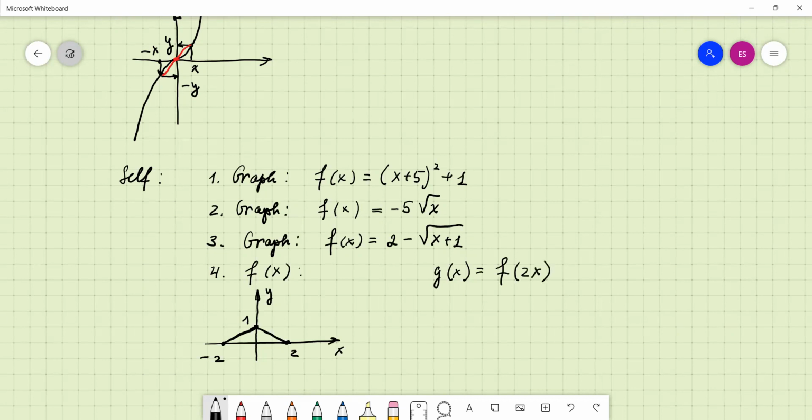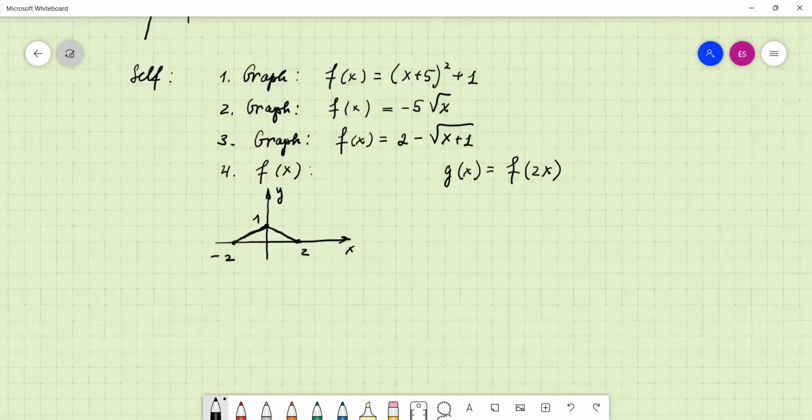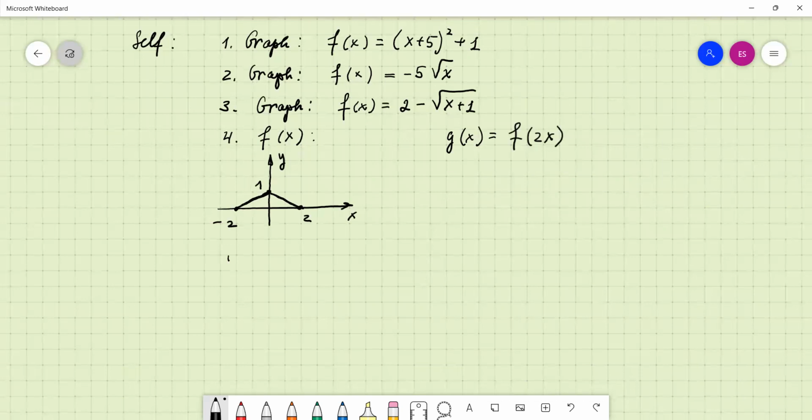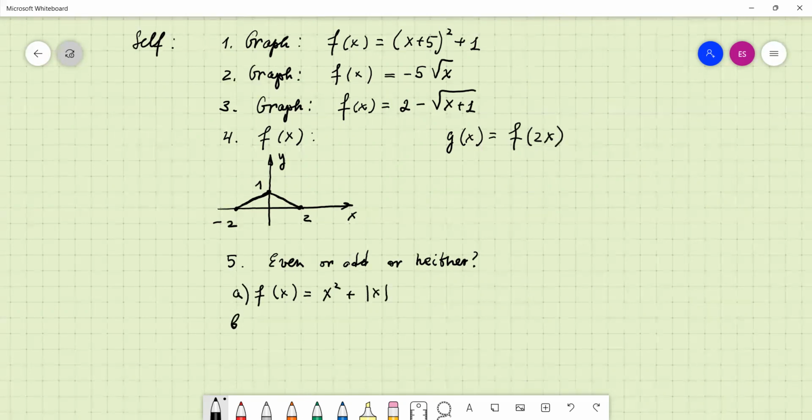Well, this is horizontal stretching or shrinking. And the last question, number 5, I'm asking whether the function is even or odd or neither. F of x equals x squared plus absolute value of x. And for a different letter, the function g of x equals x plus 1 over x.